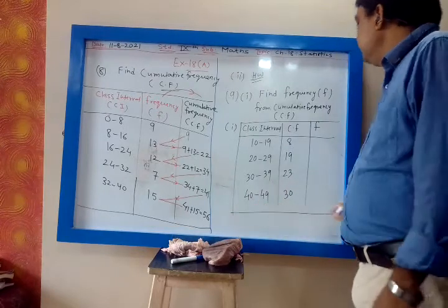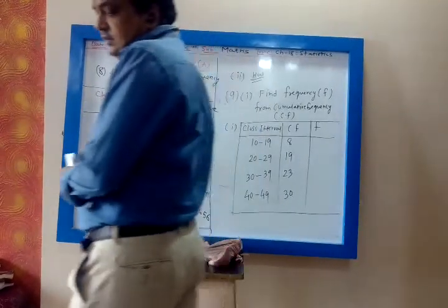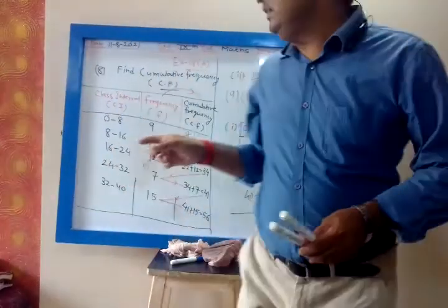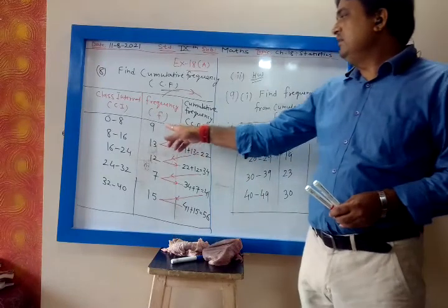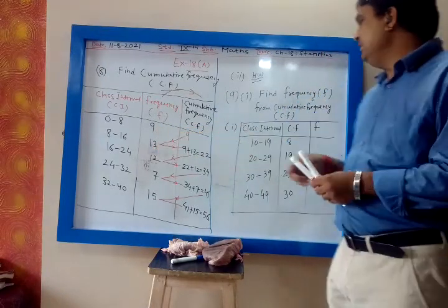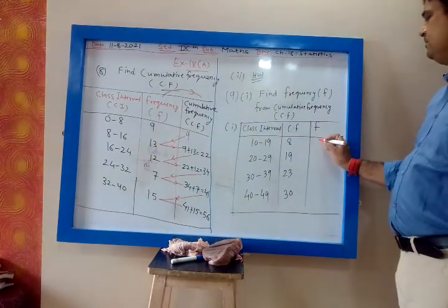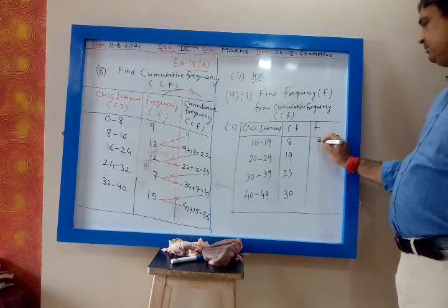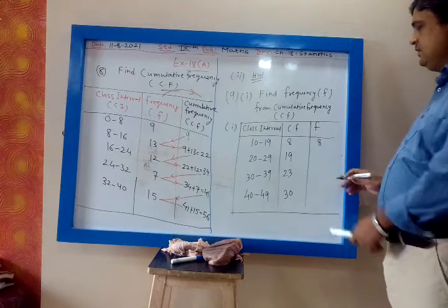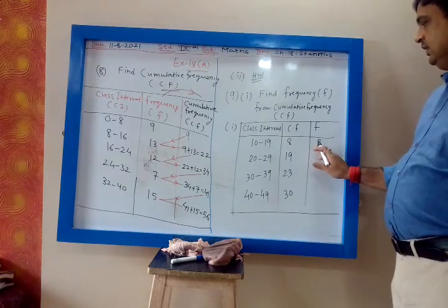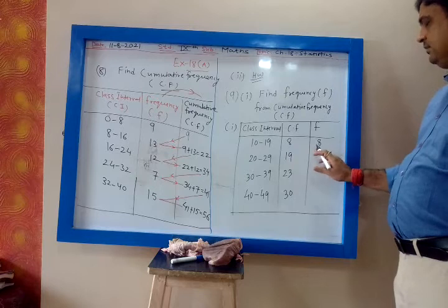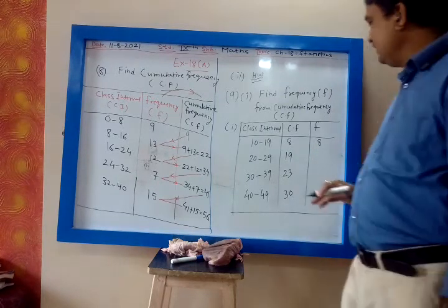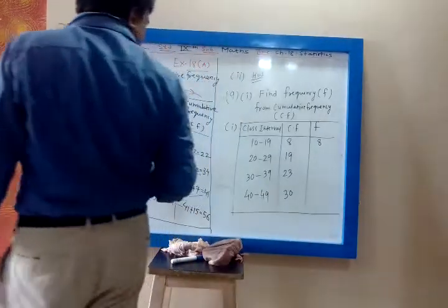So find frequency. What we have observed: the first value of frequency and CF remain the same. So the first frequency will be 8. Now see this.